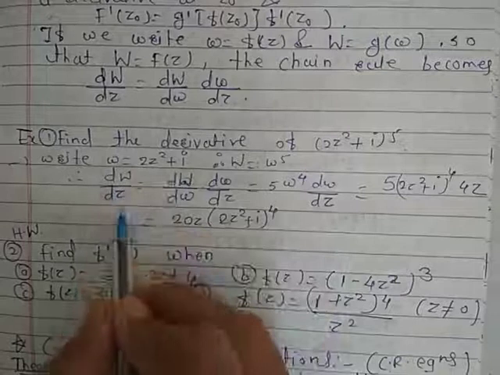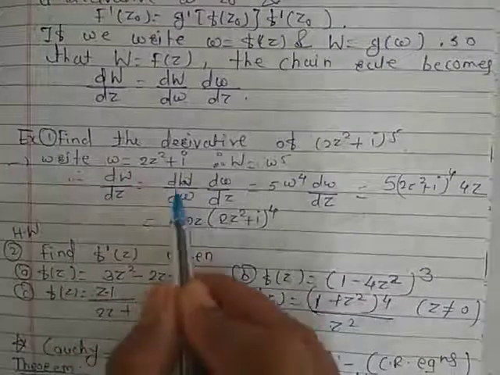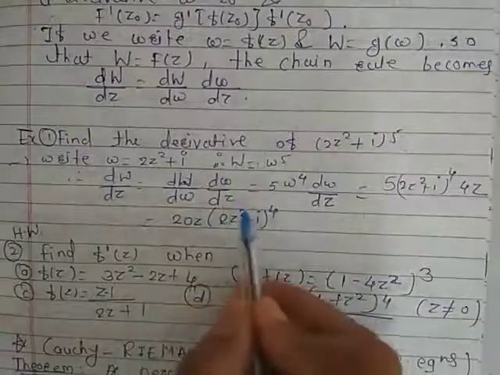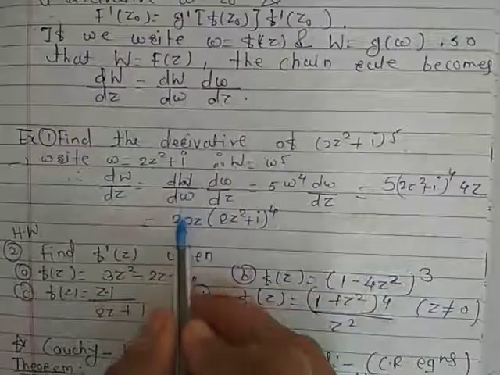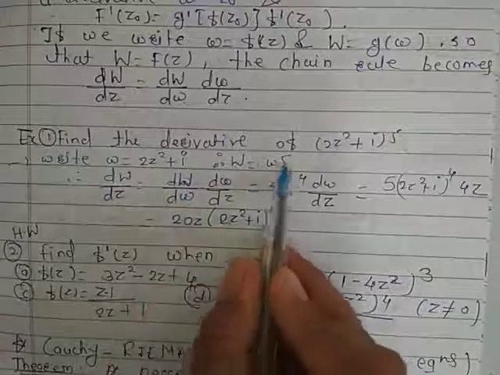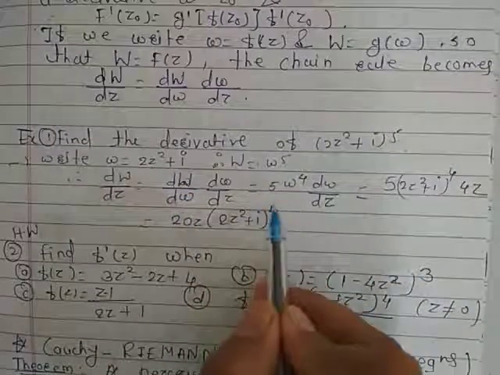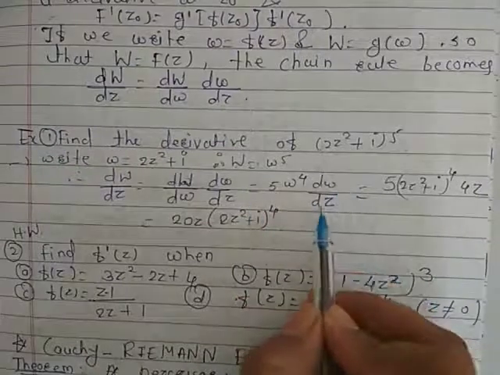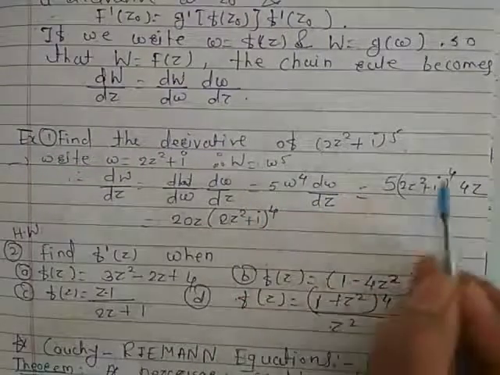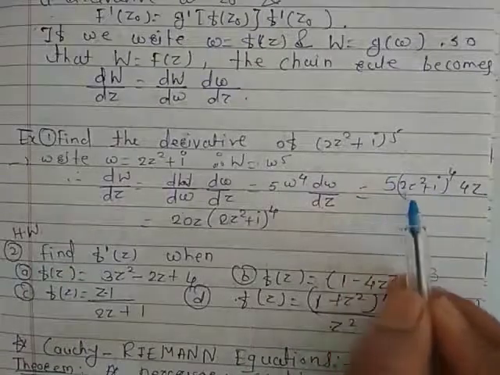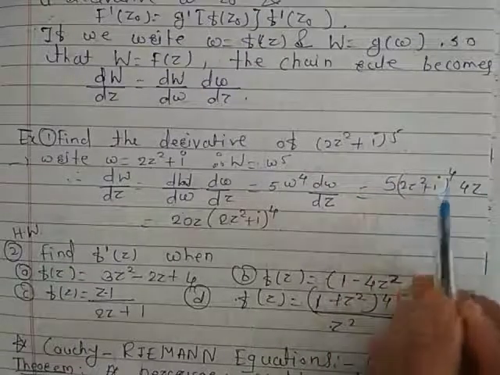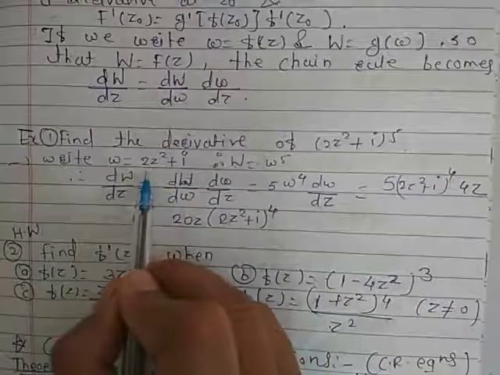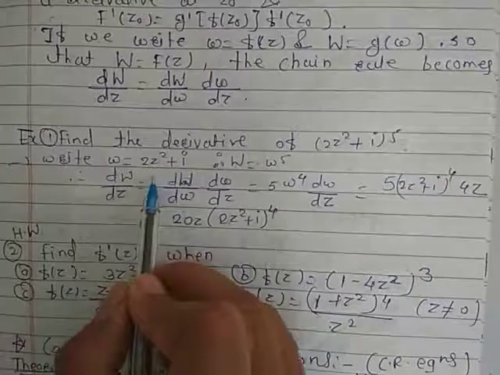So dW upon dz is equal to dW upon d omega into d omega upon dz, which is equal to 5 omega raised to 4 into d omega upon dz. Put the value of omega here. You will get 5 (2z square plus i) raised to 4, and the derivative of omega with respect to z is 4z.